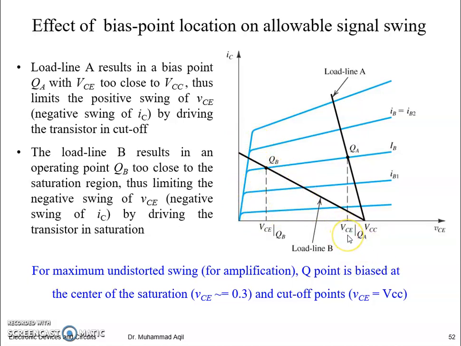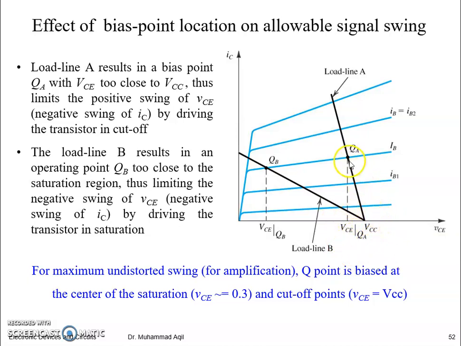And conversely, when the positive phase of the VCE is clipping or the negative phase of the IC wave is clipping, it means your transistor is entering into the cutoff region.